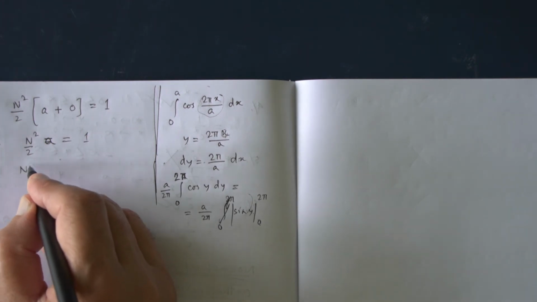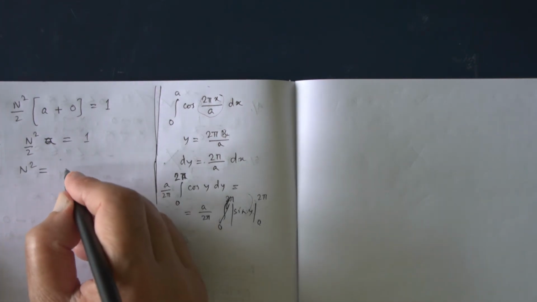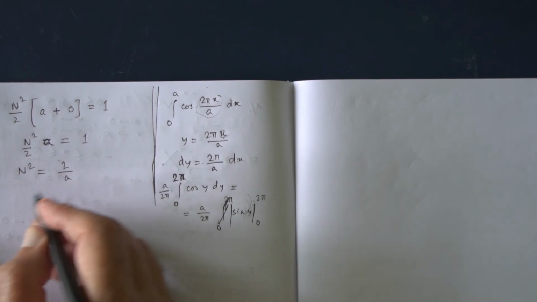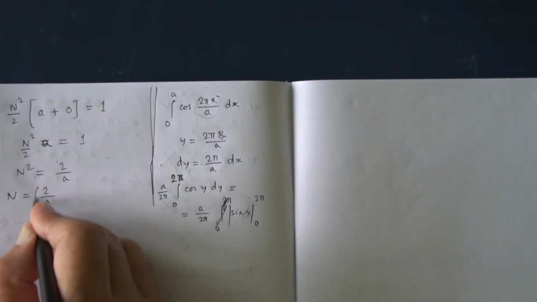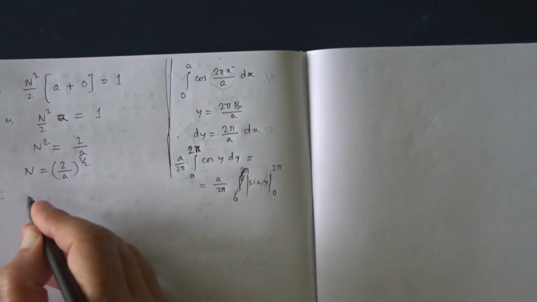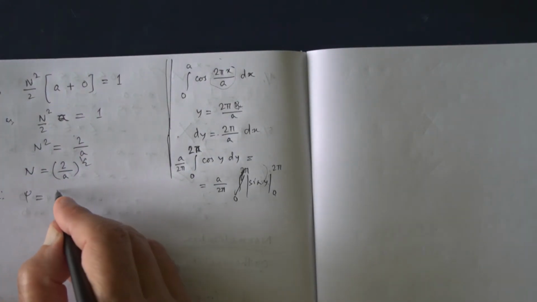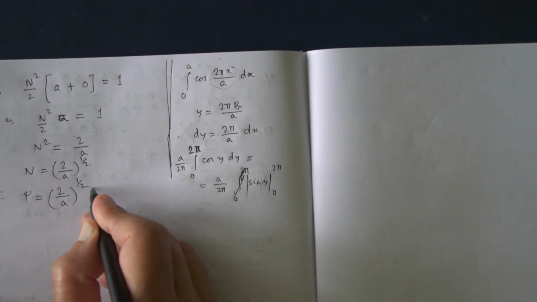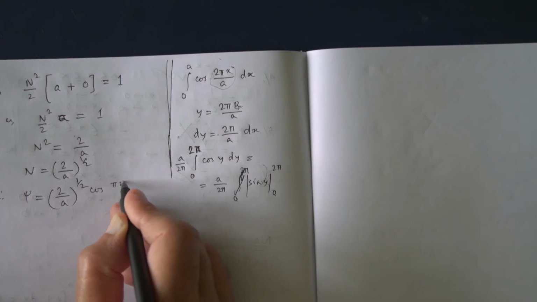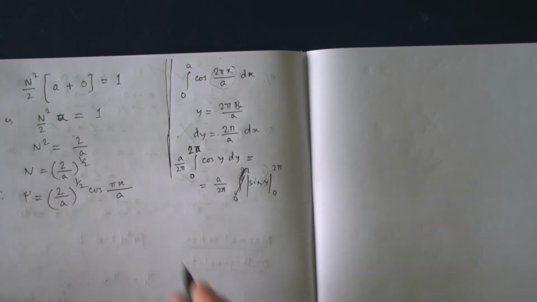So n square equal to 2 by a. Hence n equal to 2 by a whole to the power half. So the normalized function is 2 by a whole to the power half cos pi x by a.